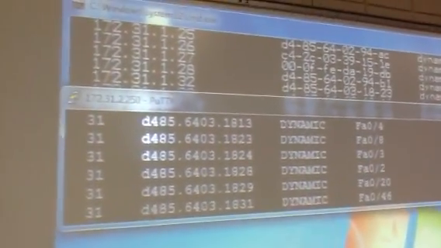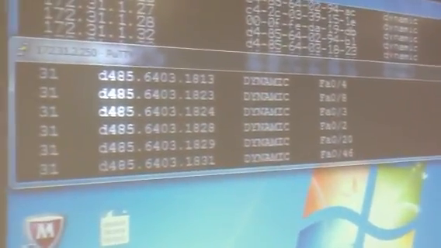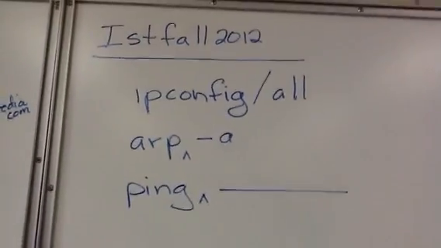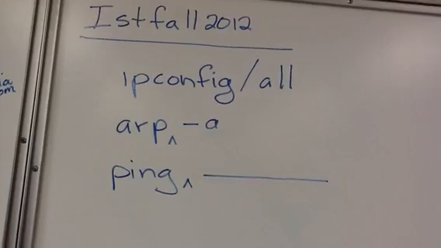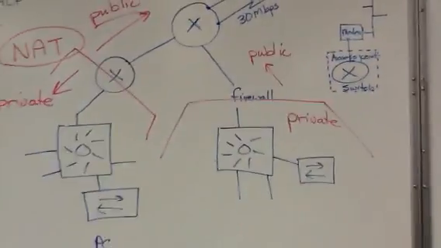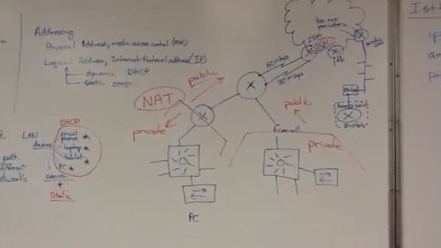One of these is looking at the device itself, the one device, and then one's in the switch, so when it gets that MAC address, it knows where to send it. We reviewed using these commands, ipconfig /all, arp -a, and then we pinged addresses. And then we looked at our network and then looked at a number of examples on our network.